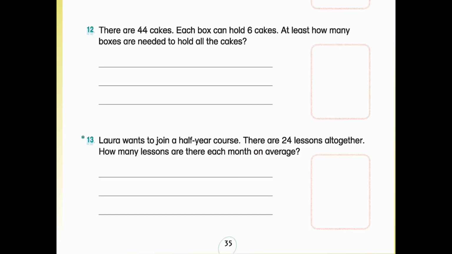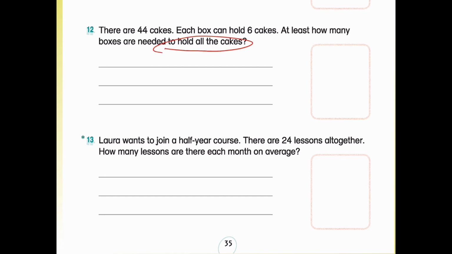Question 12. There are 44 cakes. Each box can hold 6 cakes. At least how many boxes are needed to hold all the cakes? There, you need to pay attention to this one. As I said for the previous questions, they want you to add 1 to the quotient in order to hold all the cakes.